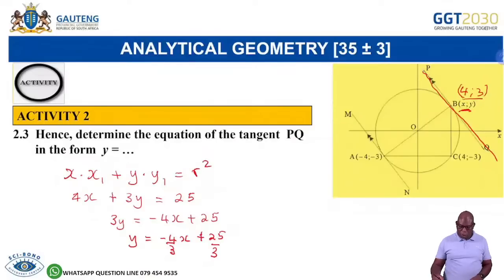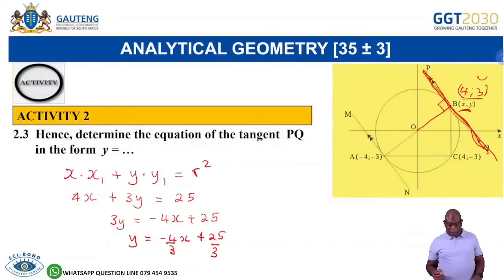So that is the equation of PQ, that is the tangent PQ. For me to get the equation of PQ, I need that point. If I want to do it the other way, I get the gradient of that line, and then from there I substitute 4 and 3 to get the equation of the line.